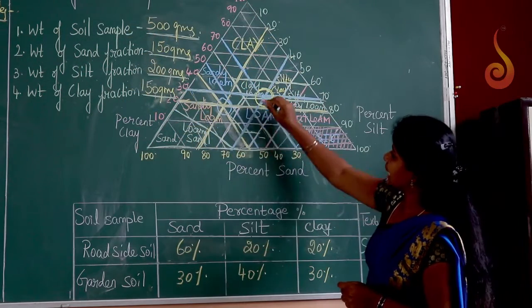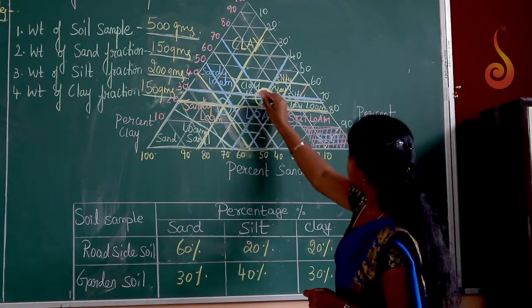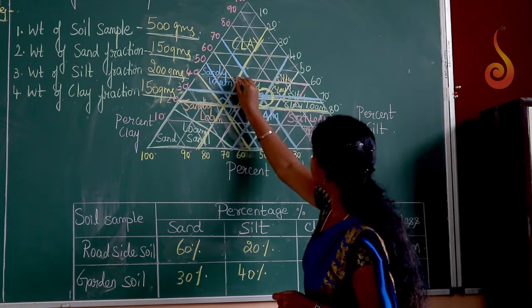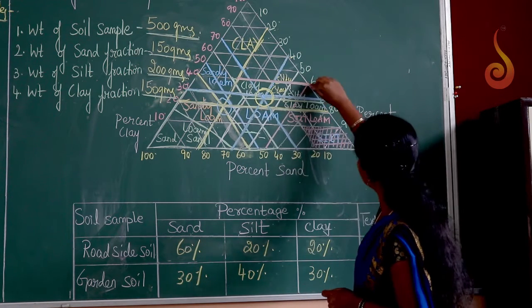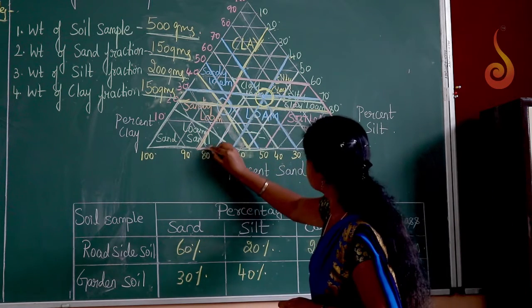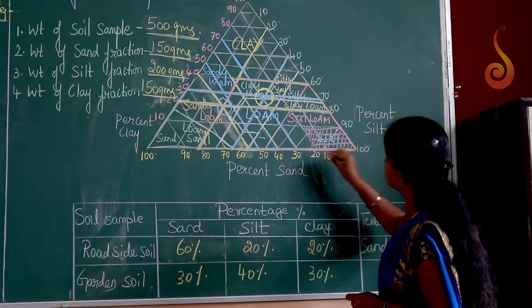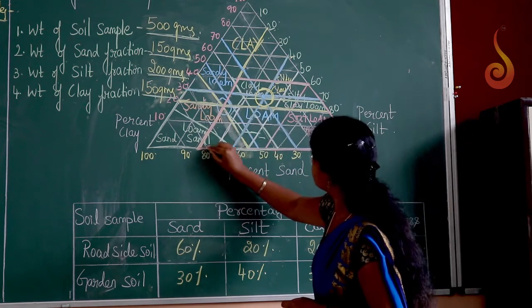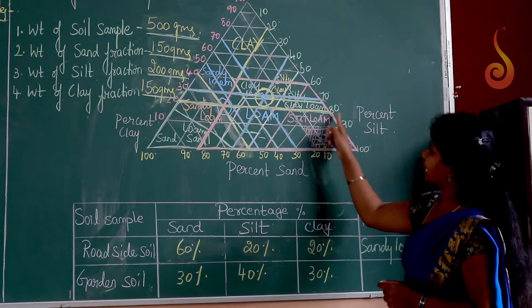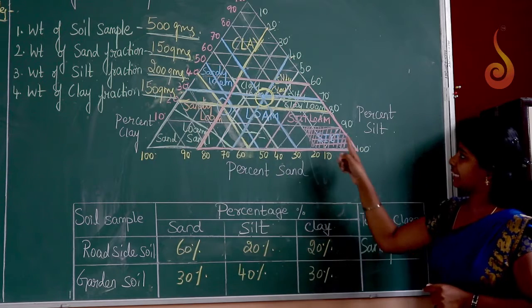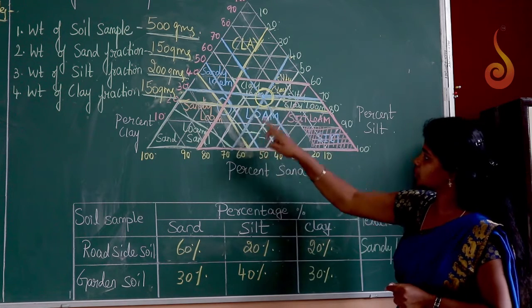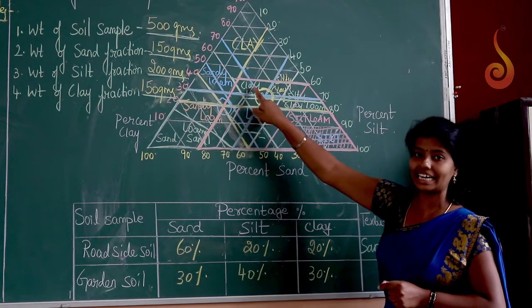Once I cover the area around the point of intersection, I am drawing with pink colored chalk.